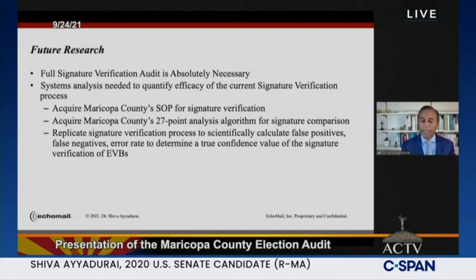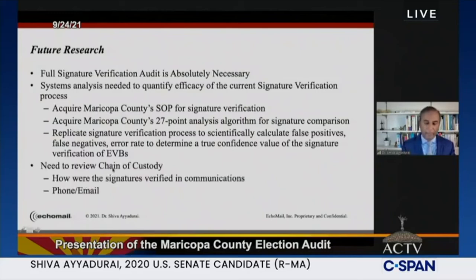This would be a profound opportunity for improving US election processes because this has not been done. You read literature on the left or the right, everyone complains that the signature verification process has significant issues. We have an opportunity right now with this data to do a 27-point analysis and come up with an actual rate, which would give us a scientific metric of the confidence value of the entire EVV system.